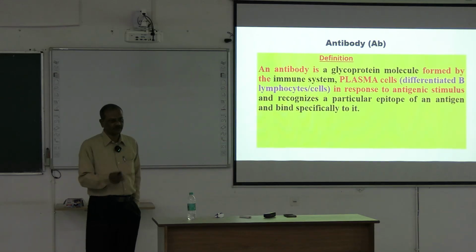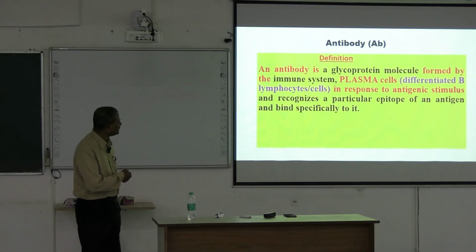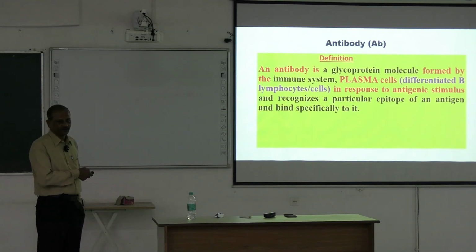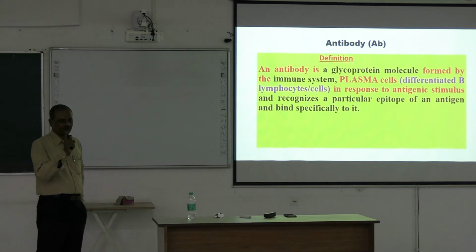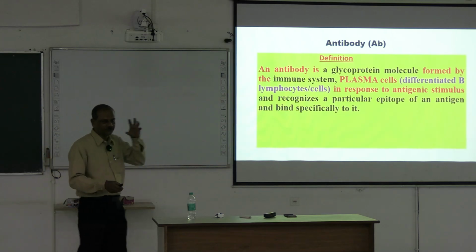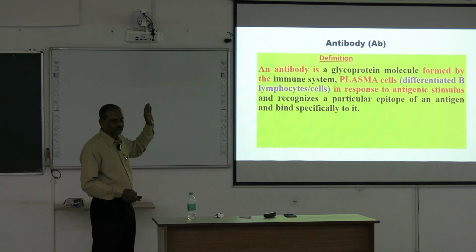B cells are circulating, but not all are producing antibody, and it recognizes a particular epitope of an antigen. You understand what I am telling right now? And it binds specifically to it. Without that it will not bind, it will bind specifically to that determinant. This is the simplest definition you can remember.